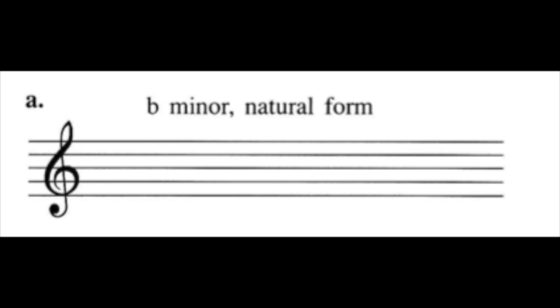Then your final question asks you to write the following scales, ascending only, so only going up, in half notes, using accidentals, not key signatures. Once again, marking the semitones between 2 and 3 and 5 and 6 with a slur.